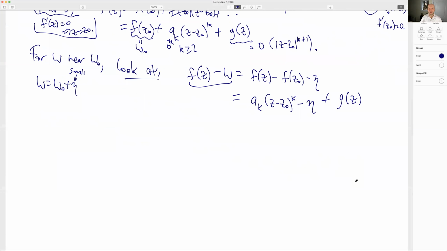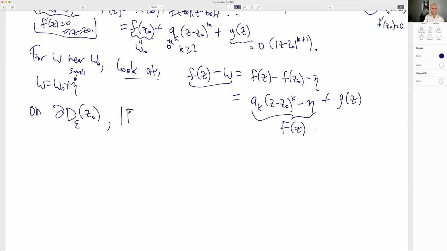Now I want to call this function capital F of z. Now, as z goes to z0, on the boundary of a disk of some small radius epsilon around z0, what do I know about f of z?